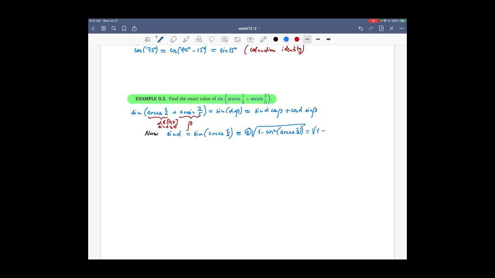And now this is 1 minus cosine of arc cosine of 1/2, which is simply 1/2. So this here is root of 3/4, which is root 3 over 2.